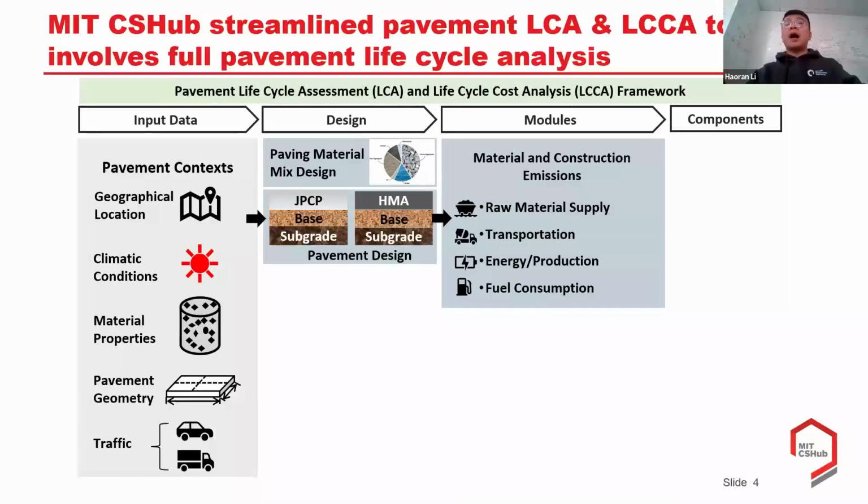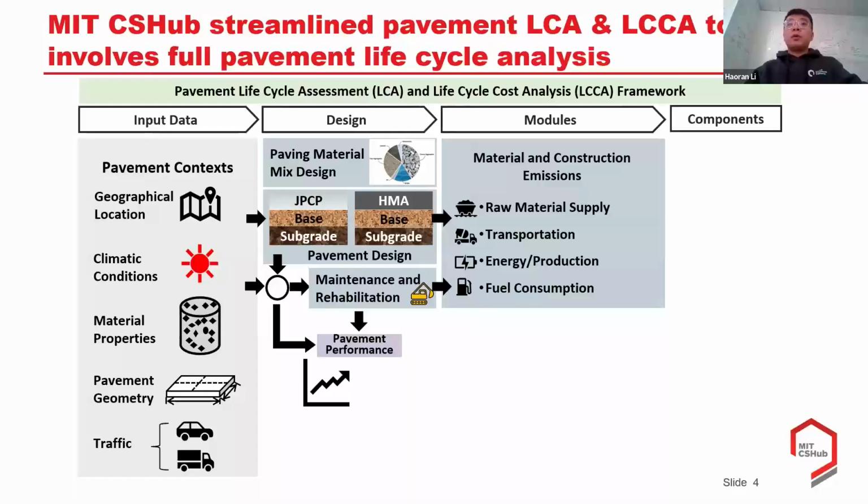So after obtaining all those data, we have the capability to calculate material and construction emissions, which belong to embodied emissions. And because the pavement design will impact our long-term pavement performance, that performance will also impact our decisions for maintenance and rehabilitation.